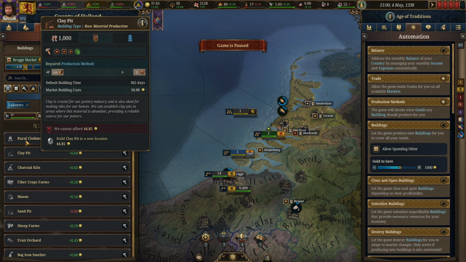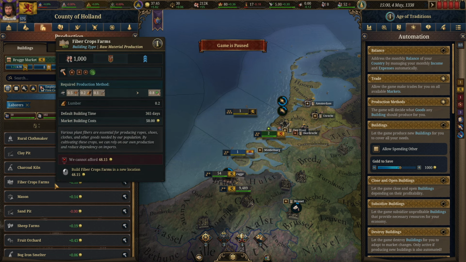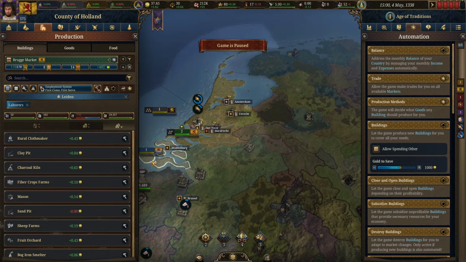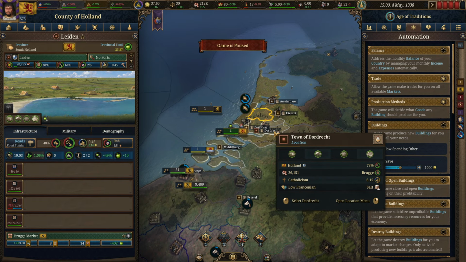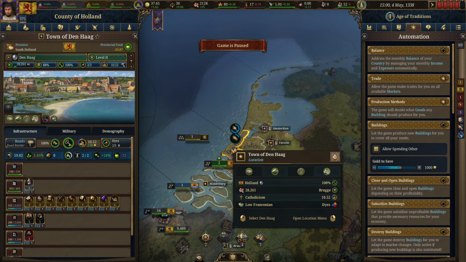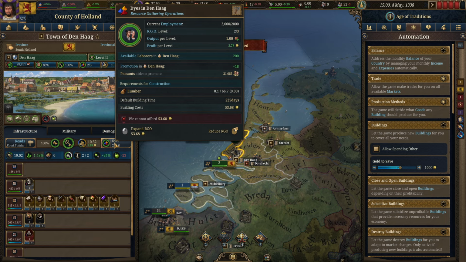There's almost no building that just produces something for just investing workforce. That's the real power of RGOs. They just crank out the stuff that you need. And it makes very much the difference between a booming industry and an attempt at dominating the market if you have the proper RGOs available.